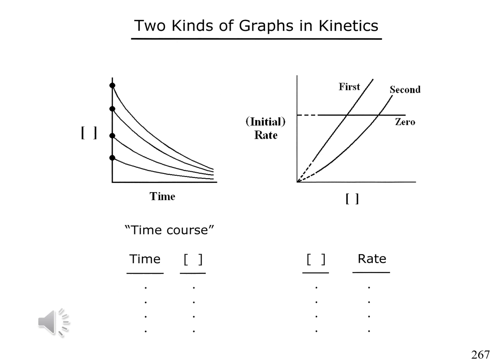So if the data column that you're given has time as one of the columns, you know that you're dealing with the kind of graph on the left. If there's no time given and it's rate instead of time that's given, you know that you're dealing with the kind of graph on the right.